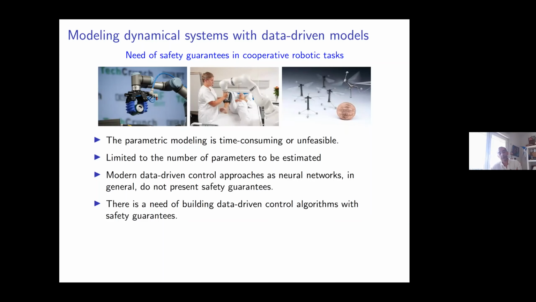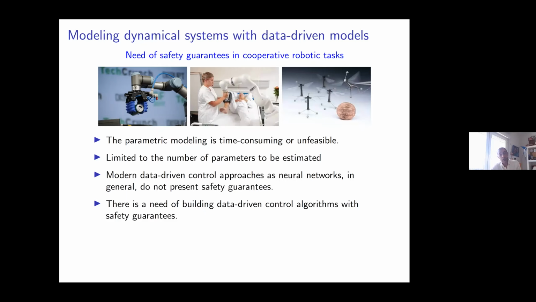So this comes from inspiration. Basically, the main problem is that parametric models are time-consuming or unfeasible, and they have a limited number of parameters to be estimated. Against this problem, there now appear a lot of data-driven control approaches, like neural networks.